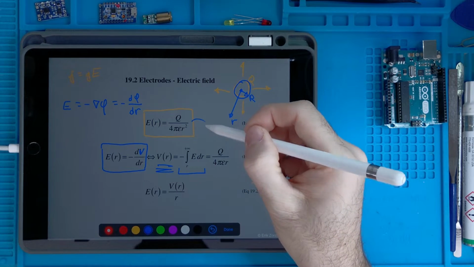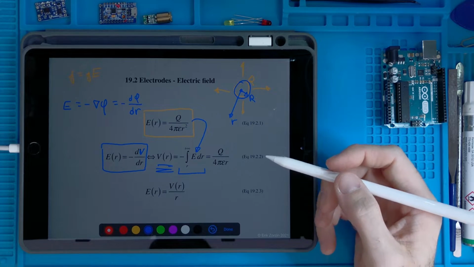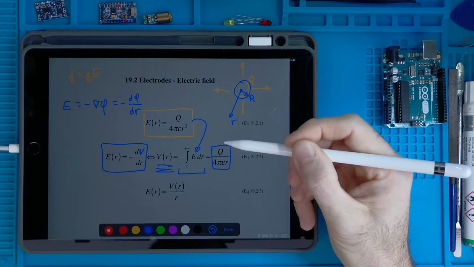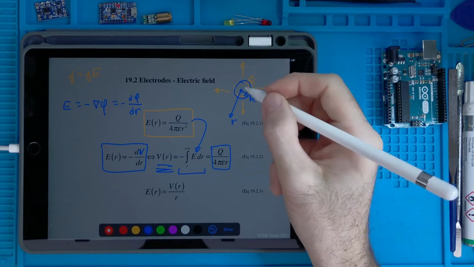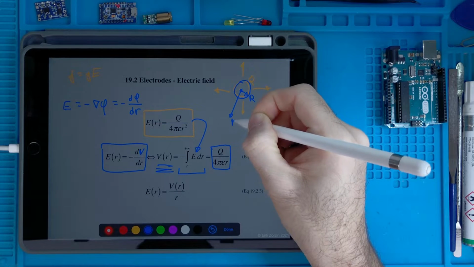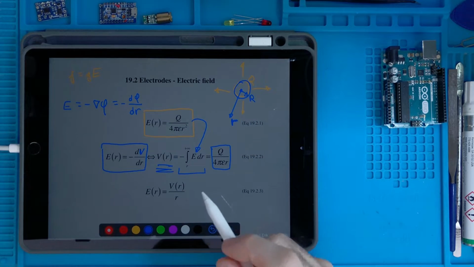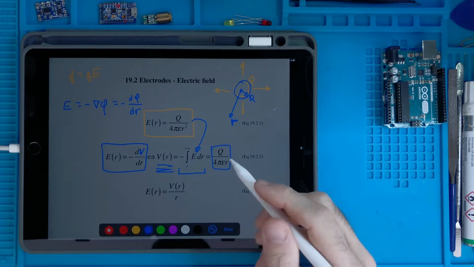So if we plug this into this, we can find this result by integrating from small r to infinity. So here we have the potential, the voltage, as a function of the distance.